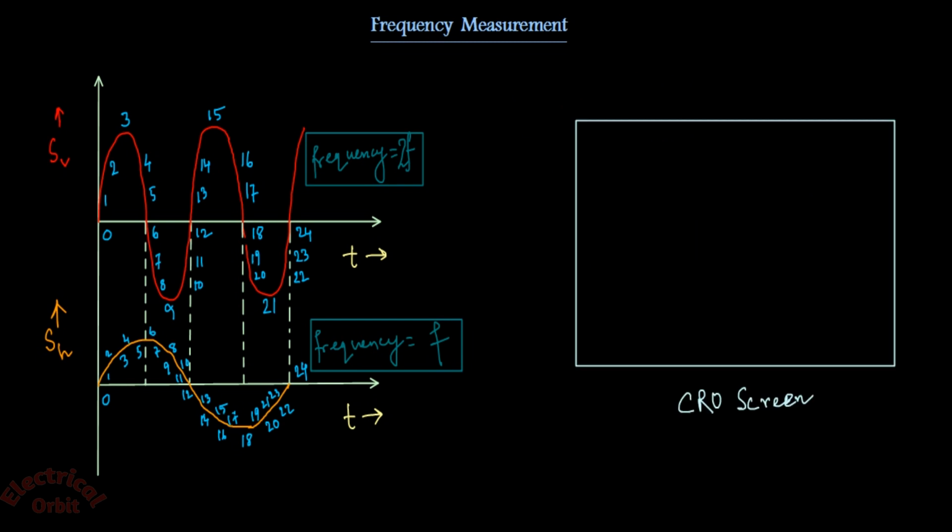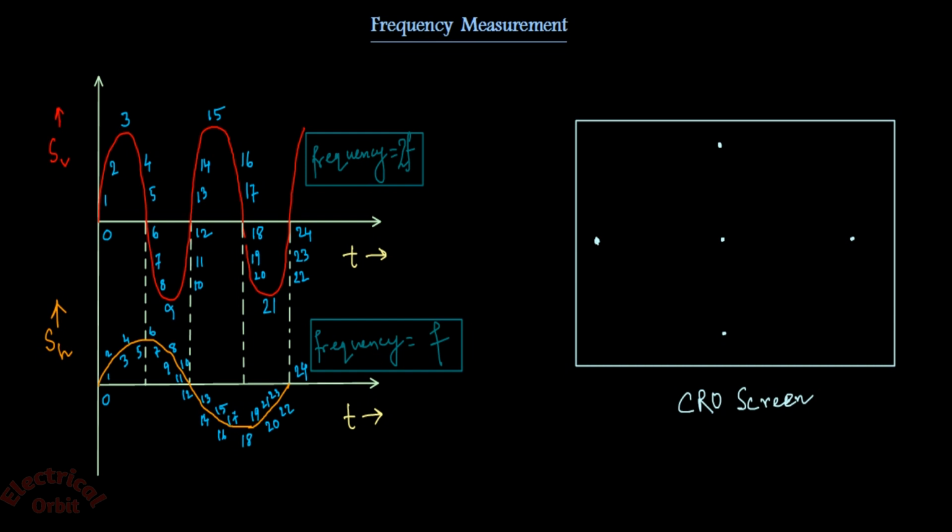Now let us understand how the Lissajous pattern will look on our CRO screen. In our previous lecture I described how we take 0, extreme right and extreme left of a CRO screen, and the extreme top and extreme bottom. The same concept is here also. Let us take a particular instant.